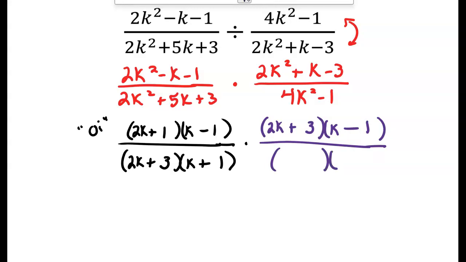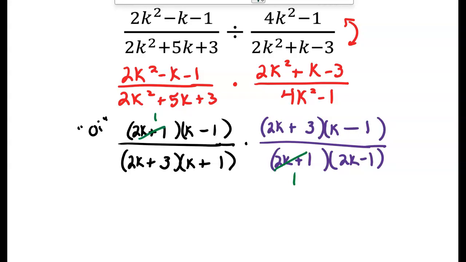Woo! Difference of squares. What are my 2 values? Plus and minus. 2k plus 1 and what? Yep. 2k minus 1. Okay, now can we start simplifying our common factors? All right, do you guys see that a 2k plus 1 is here? You guys agree?